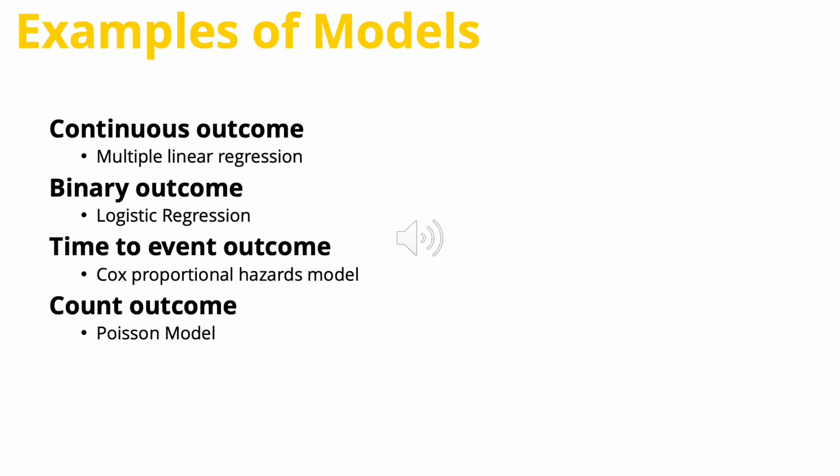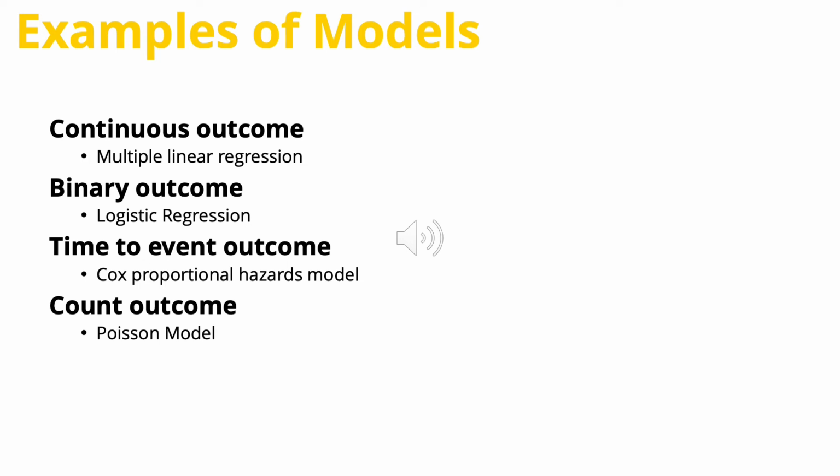Examples of multivariable models include multiple linear regression, which is used when we have a continuous outcome variable. Logistic regression is used when we have a binary outcome variable. So, do you have a myocardial infarction, yes or no?